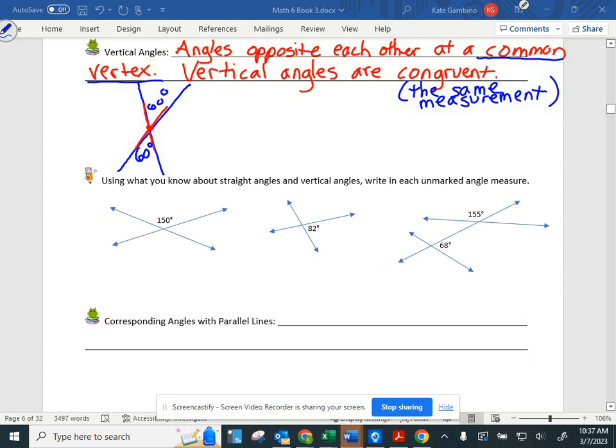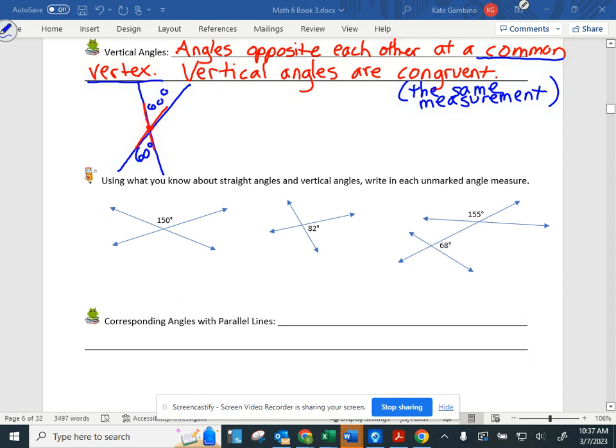They are congruent, they are equal. So when we talk about our vertical angles, those angles that make the X, they share that same center point. They are opposite of each other. So they are the same measurement. They are congruent.